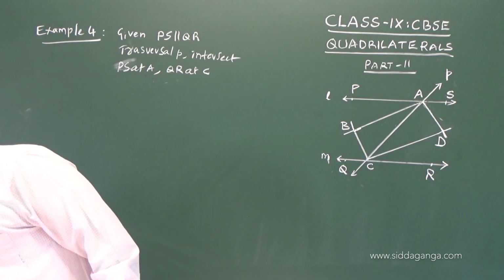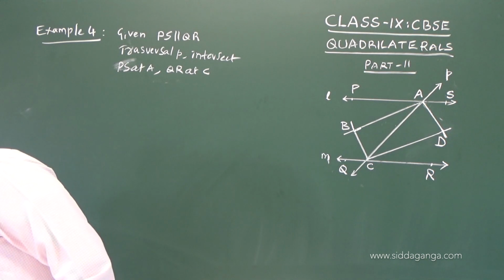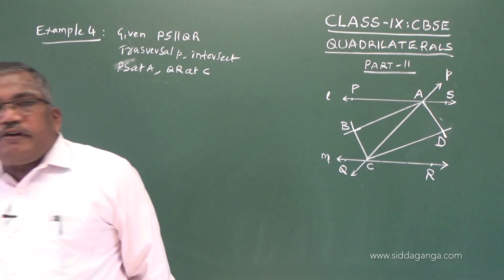Now, what next they have given? Show that the quadrilateral formed by bisectors of interior angles is a rectangle.